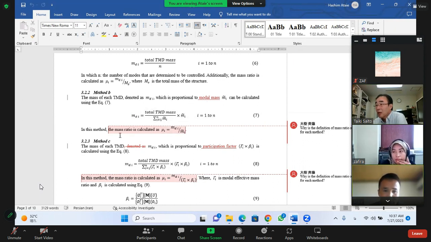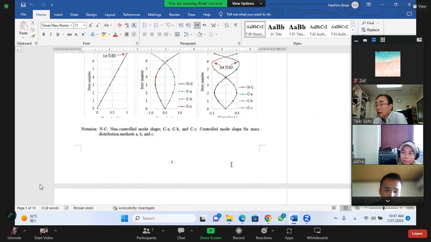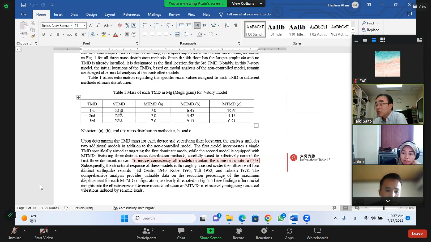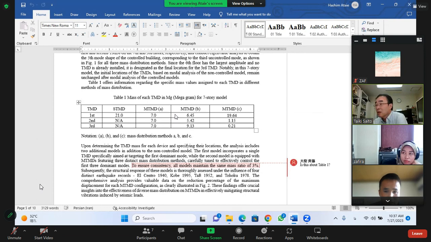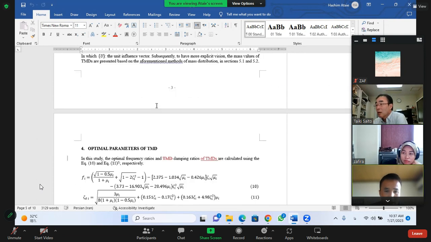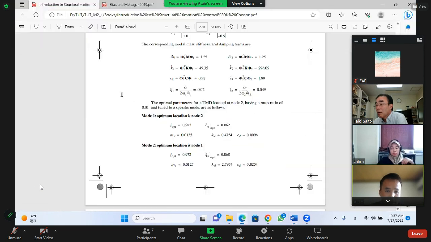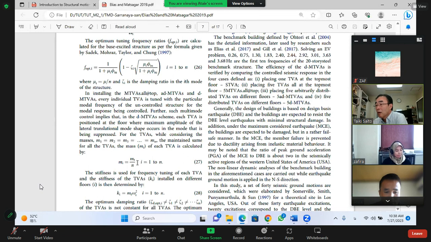The mass ratio overall is 3%, Sensei, for all cases. You said in all cases 3%. The definition is different depending on the method, right? Yes, Sensei. Based on this paper, each TMD has equal mass. M1 is equal. So it means total mass of TMD divided by the number of TMD.